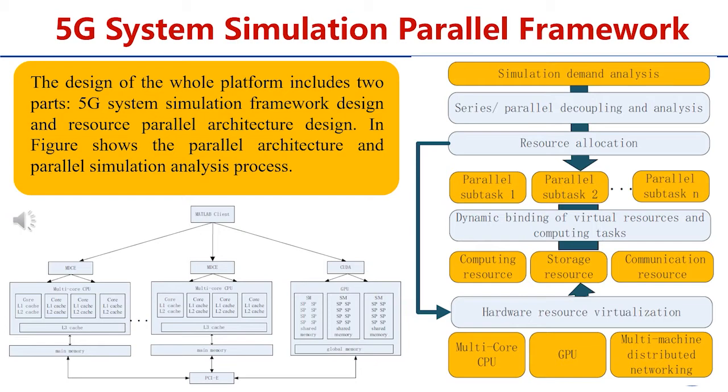A single-chip GPU usually has thousands of stream processor cores. Its single-precision floating-point computing power is 10 times higher than the CPU, which is suitable for data parallel processing brought by hundreds or even thousands of nodes accessing in 5G system.